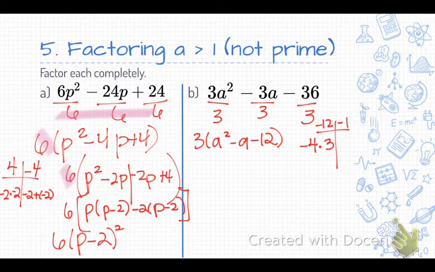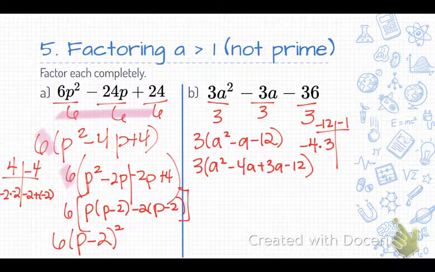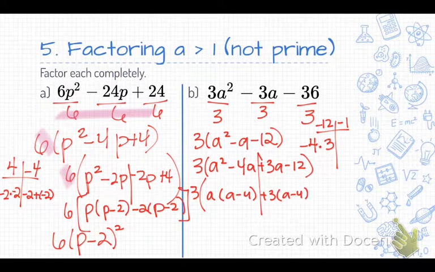Yes or no? Yes. I know you're about to go to lunch. Just focus. I have a squared plus 3a minus 12. Did you do this? So I have a times a minus 4 plus 3 times a minus 4. Is that true? So my answer is a plus 3 times a minus 4, yes?